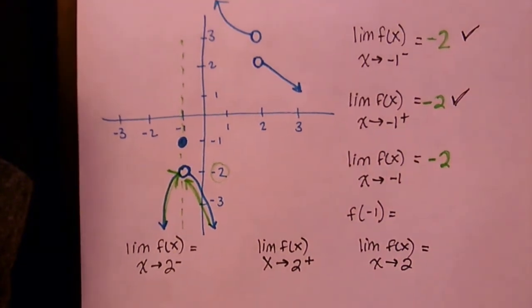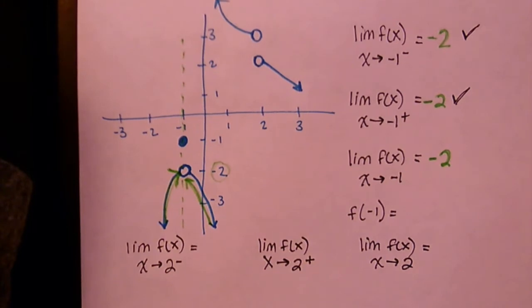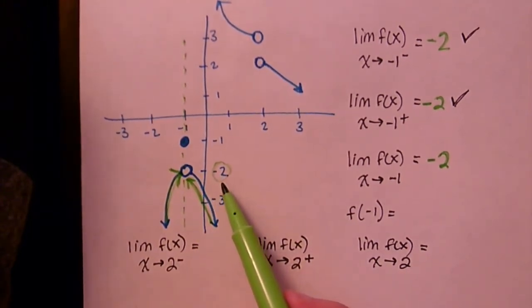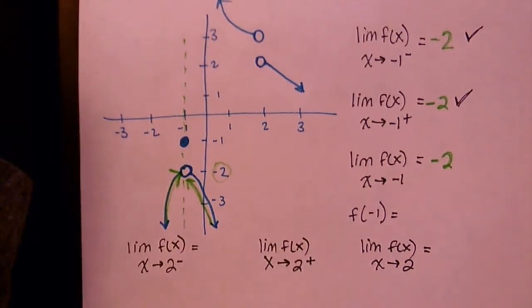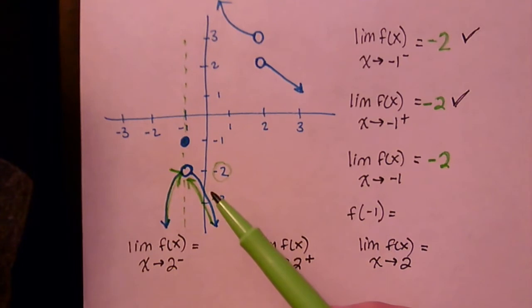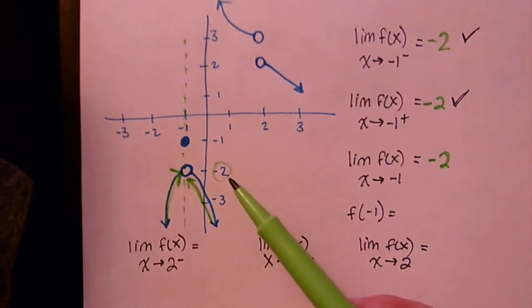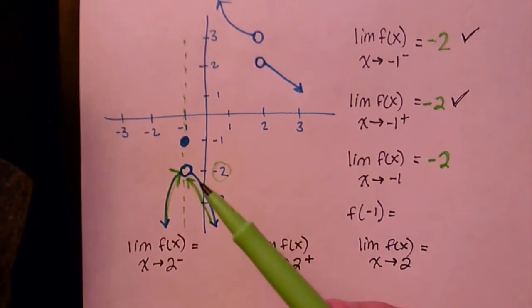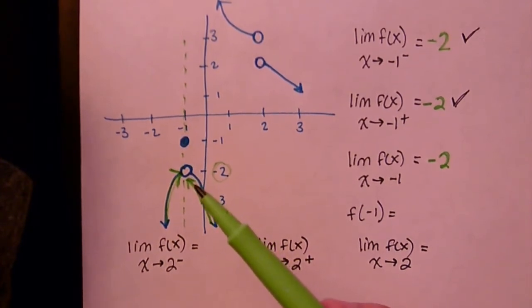Okay. Another thing I wanted to point out is even if you have a limit, like right here, even if the limit is -2 as x is approaching -1, it doesn't necessarily mean that the value is -2 at x equals -1, right? It doesn't necessarily mean that f of -1 is -2.